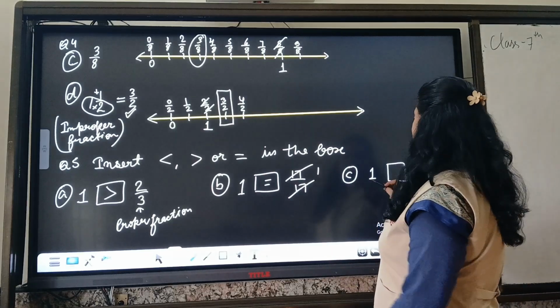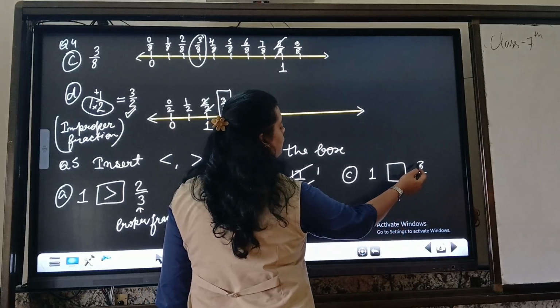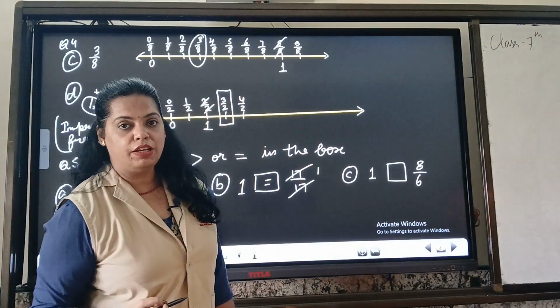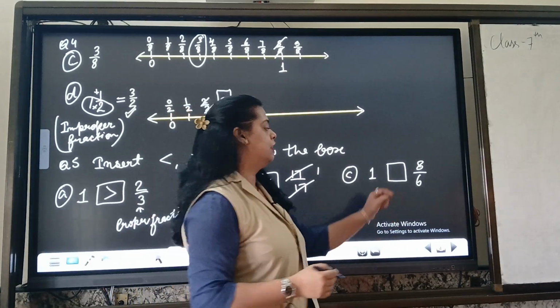Let's move towards the C part. Here in the C part you can see numerator is a greater value and denominator is a smaller one. So it is an improper fraction.